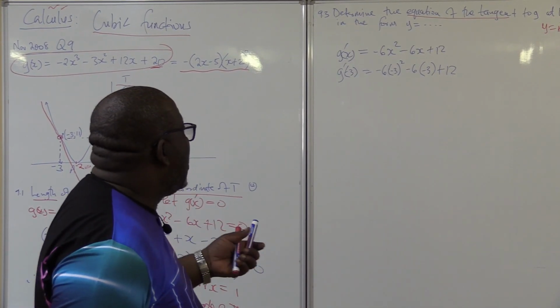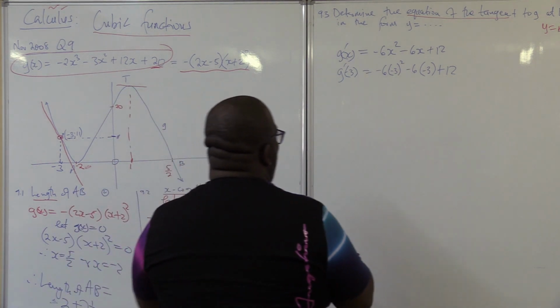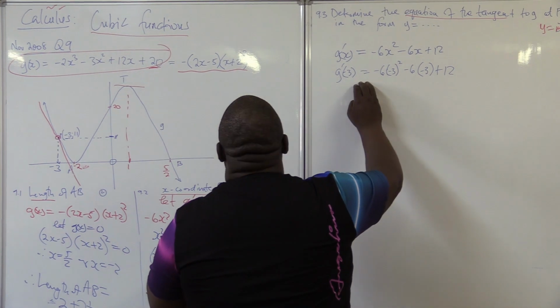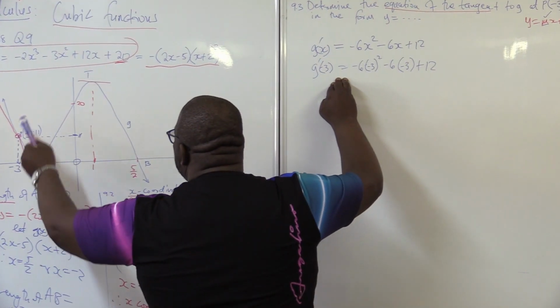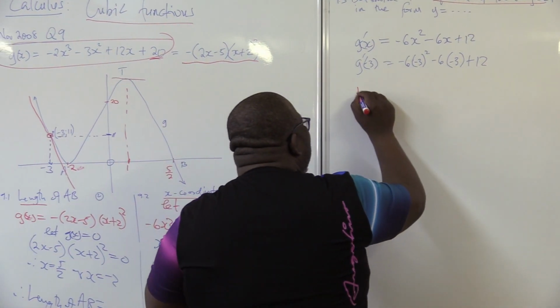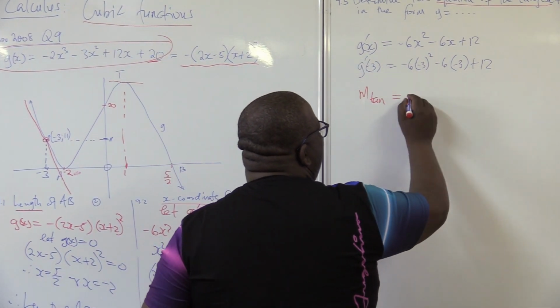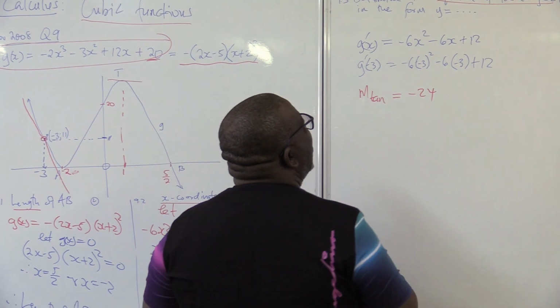If you calculate that one, it will come to minus 24. So the gradient at this point of the cubic function is the same as the gradient of the tangent, which will give us minus 24 if you use a calculator.